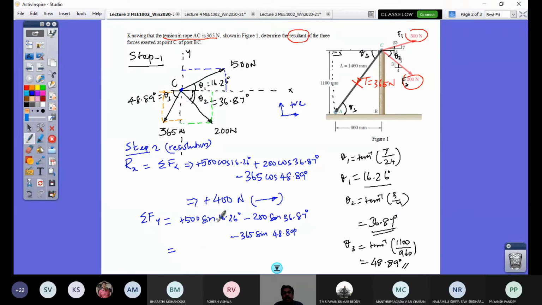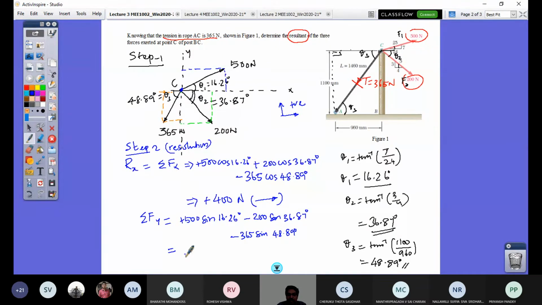So let us find out this value. Let me just confirm. 500 into sine 16.26 minus 200 into sine 36.87 minus 365 into sine 48.89.